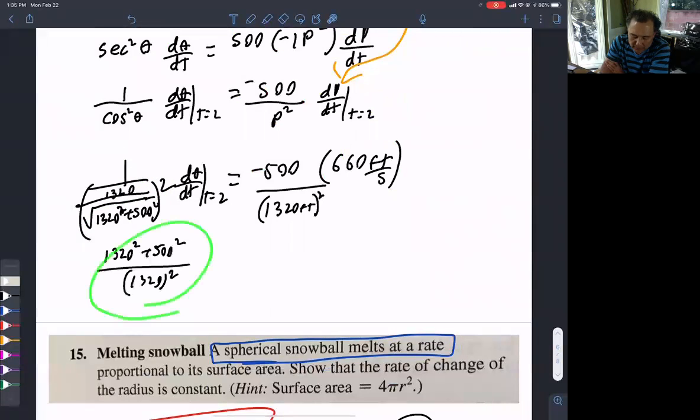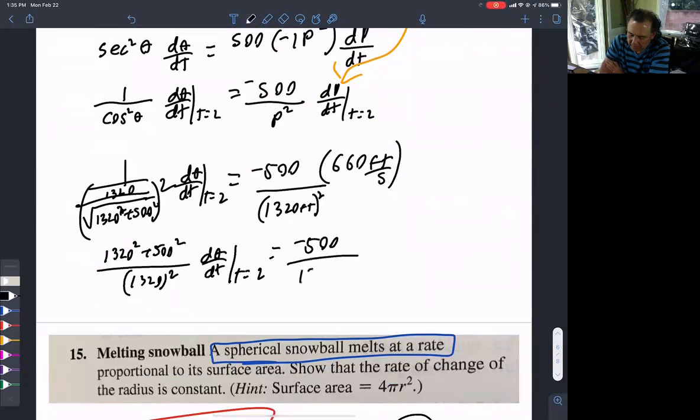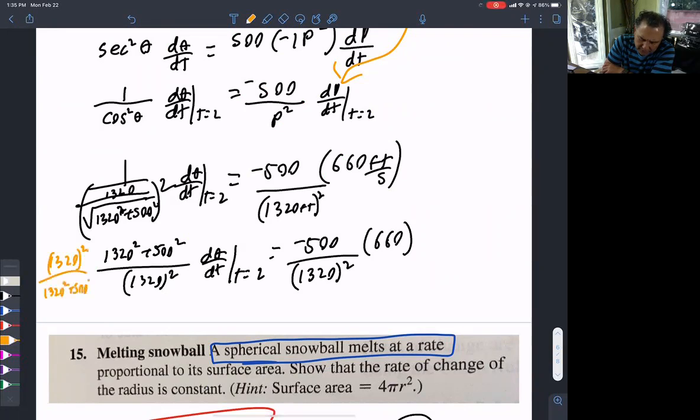And multiplying by the reciprocal, I get that. I'm going to ignore the units right now because I have enough to deal with. Now, to get rid of this, I multiply both sides by the reciprocal of that, 1320 squared over 1320 squared plus 500 squared. I multiply both sides by that.